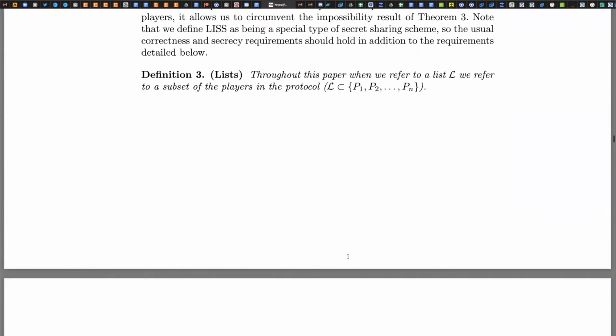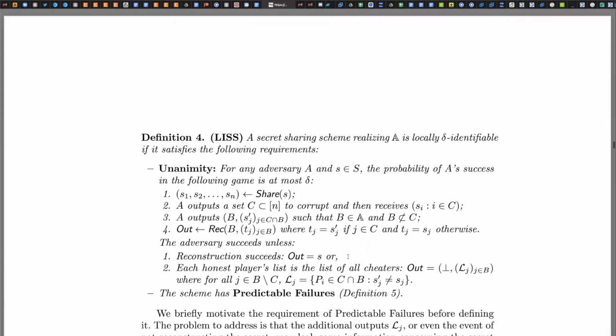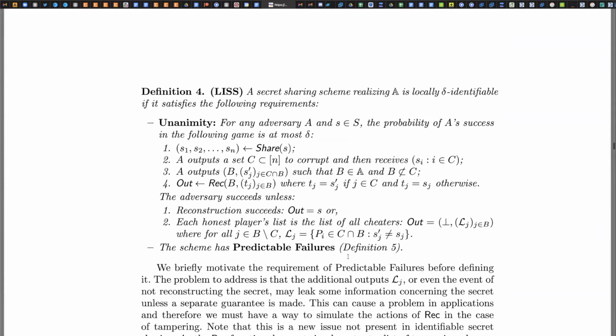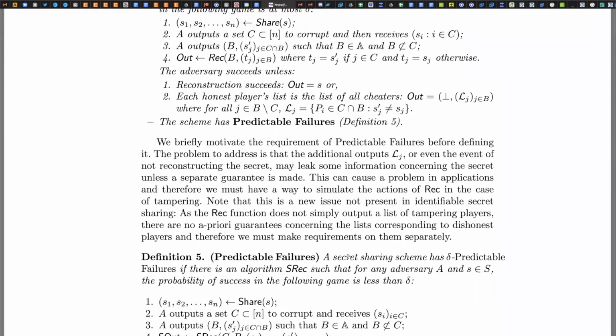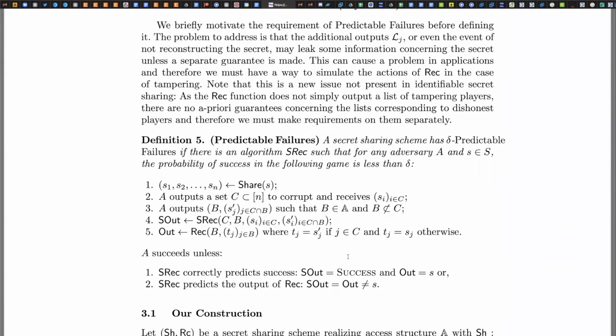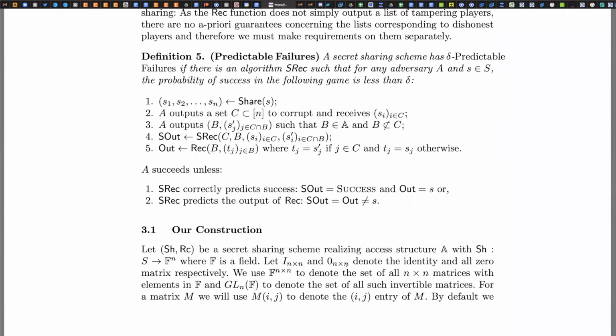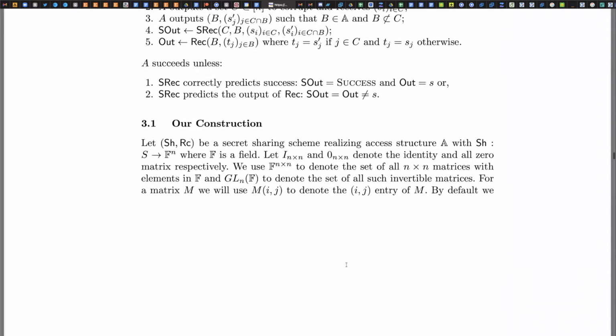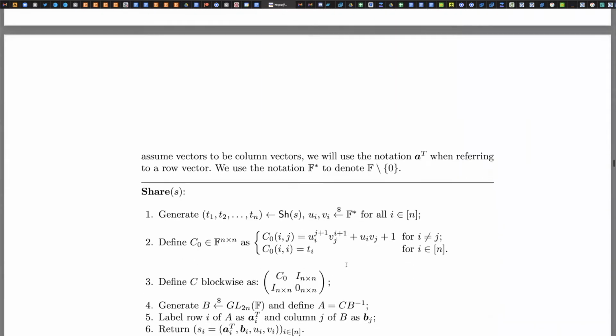This is related to secret sharing, so locally identifiable secret sharing, or they can relax the local identifiable constraint.